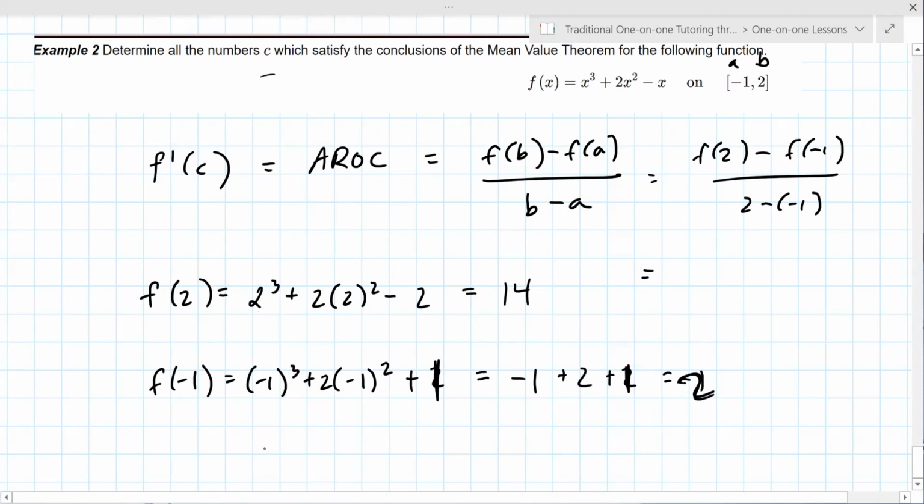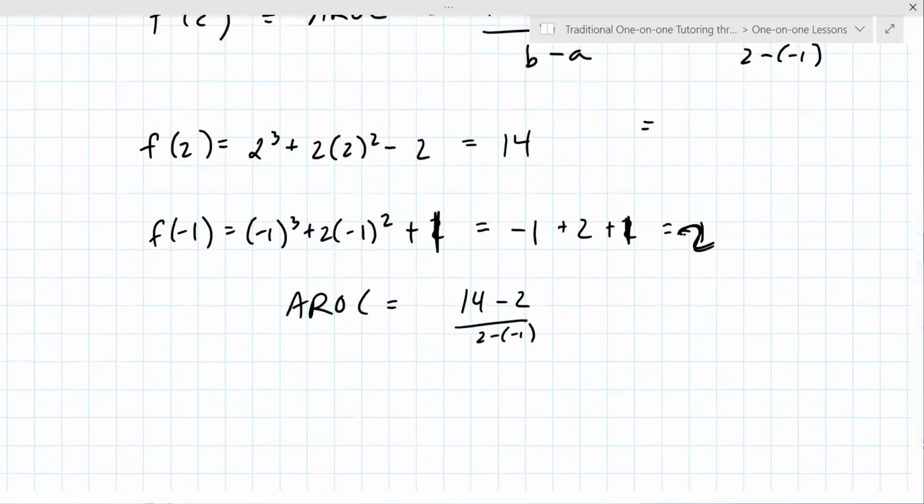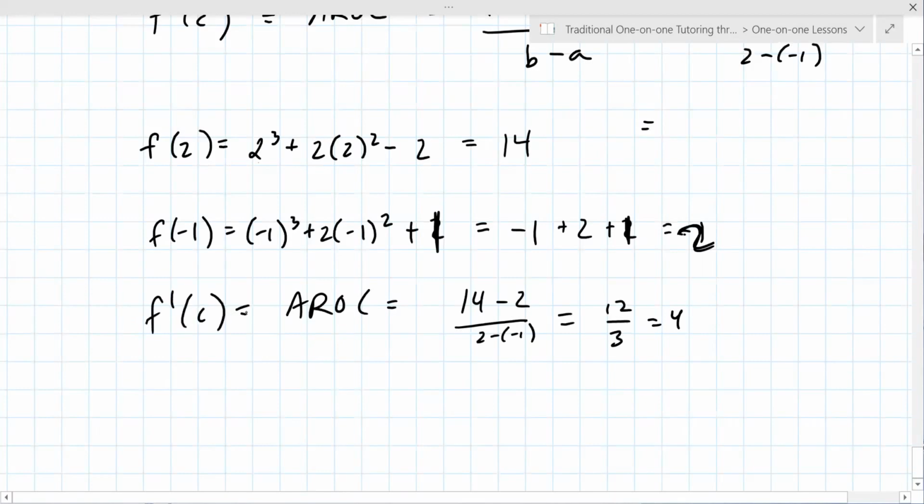Okay. So now your average rate of change, right, up here, is 14 minus 2 over 2 minus -1. So that ends up being 12 over 3, which is 4. Okay, so now you've got to take the derivative of the original function.